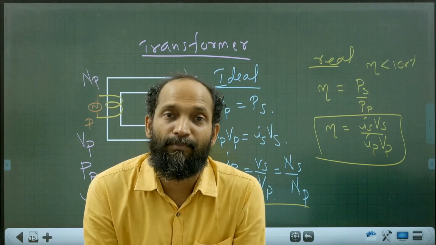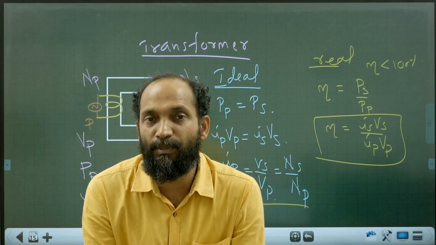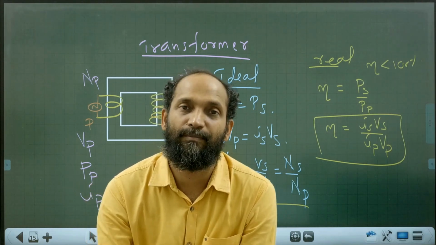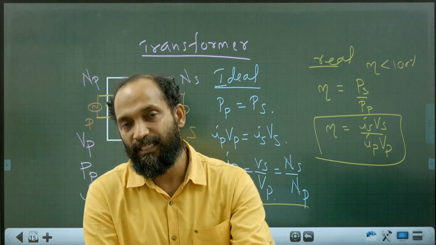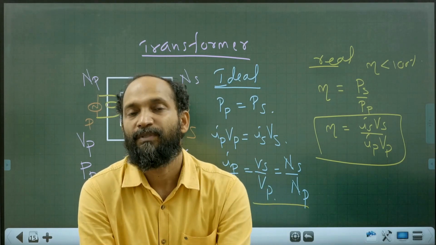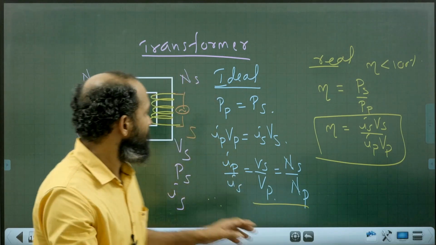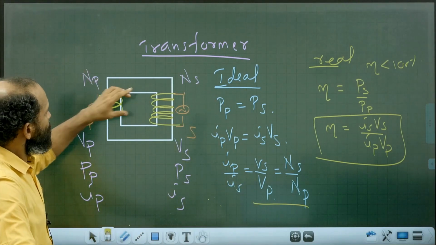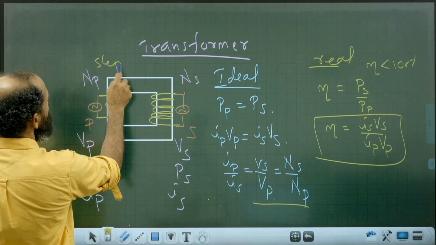Okay, when voltage is stepped up, current is stepped down. A step up transformer refers to increased voltage but decreased current. A step down transformer refers to decreased voltage but increased current. So when current increases, voltage decreases. I have shown only a step up transformer.